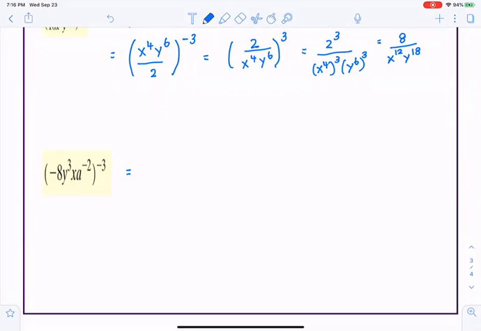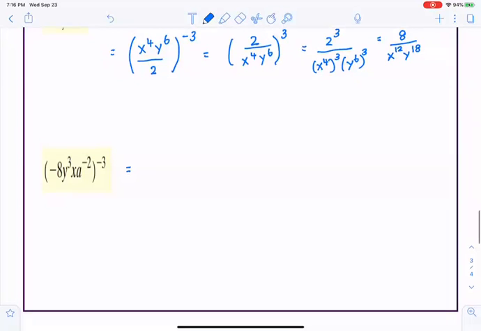Okay, so we have a bunch of terms inside, and we have an outside exponent, which is negative. So what we have inside is negative 8 y cubed x a raised negative 2 raised negative 3. And I can take care of the negative exponents.